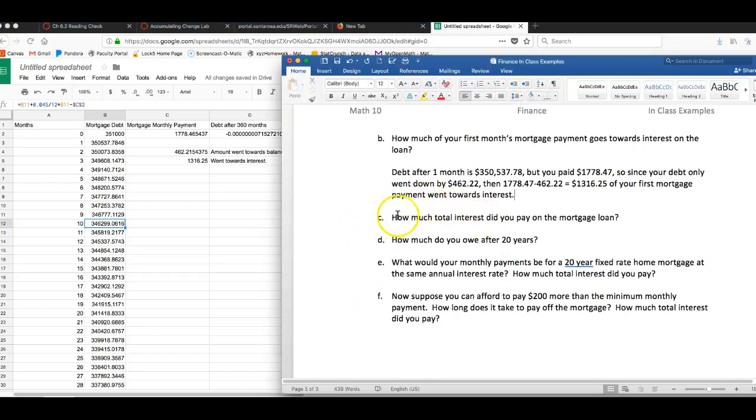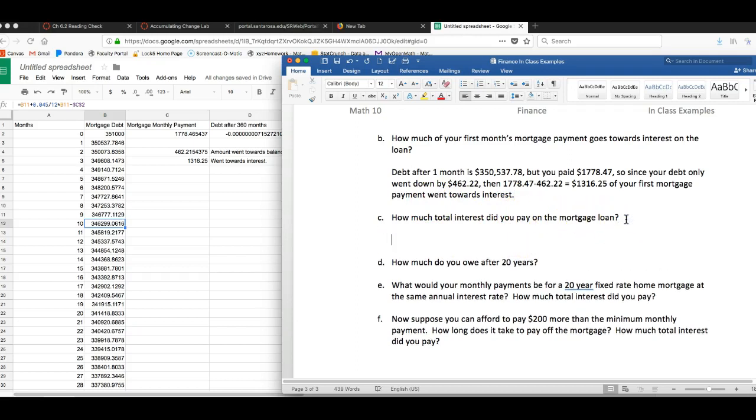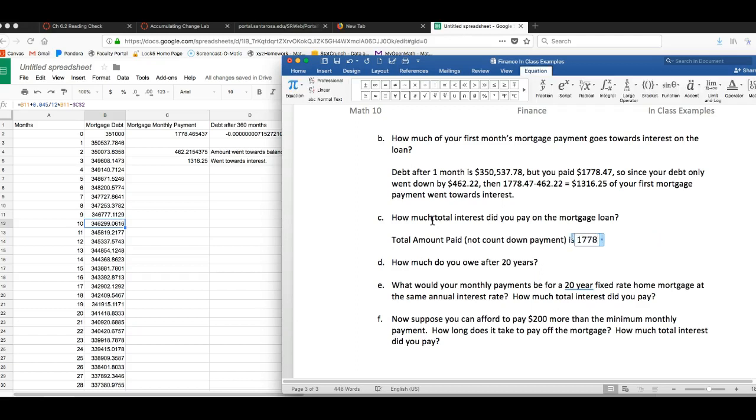So question C, how much total interest did you pay on the mortgage loan? Okay, so I want to do two things, total amount paid, and I'm going to not count the down payment. If you wanted the total amount paid, it would be the 1778.47 times 360 months.